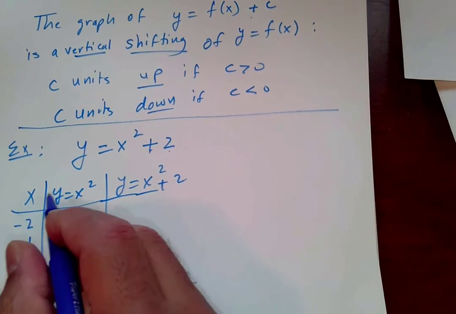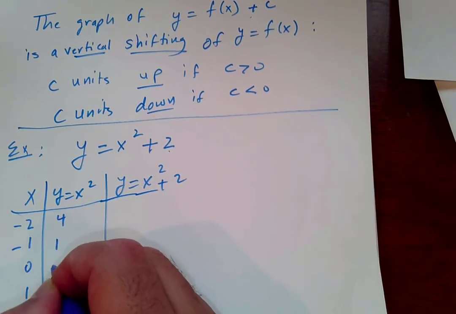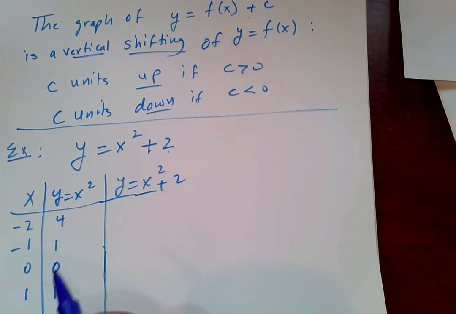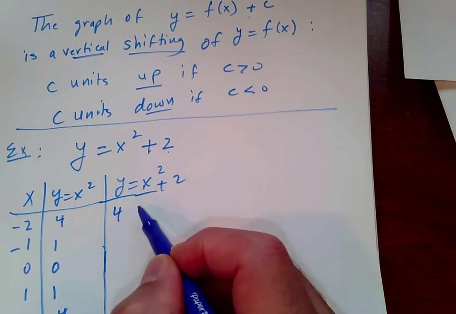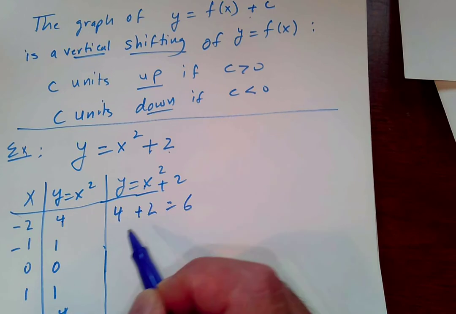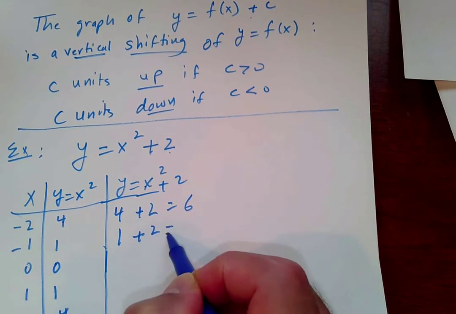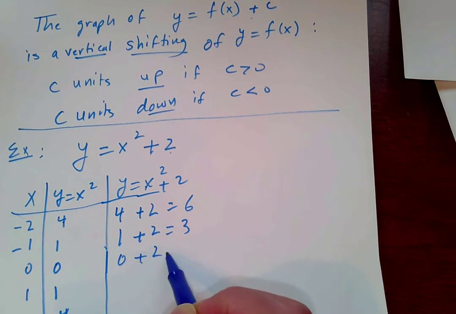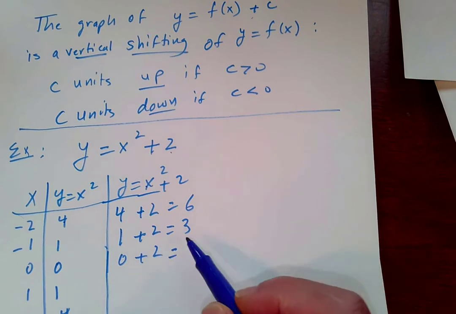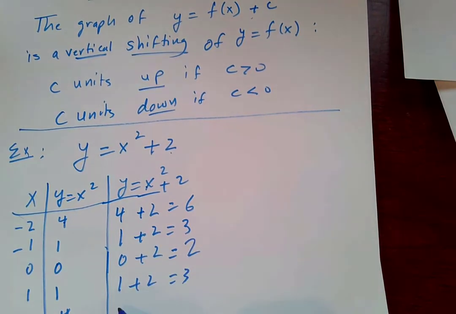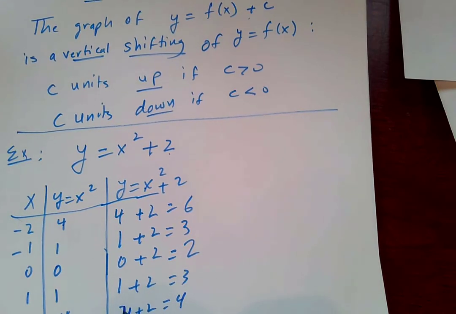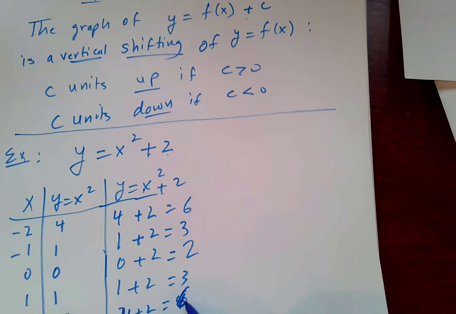If you plug -2 in, you get 4, and then you add a 2, so you get a 6. You get a 1, you add a 2, you get 3. 0, you add 2. So you can see how the +2 is working out. Then 1 plus 2 is 3, 2 squared is 4, and 4 plus 2 is 6.